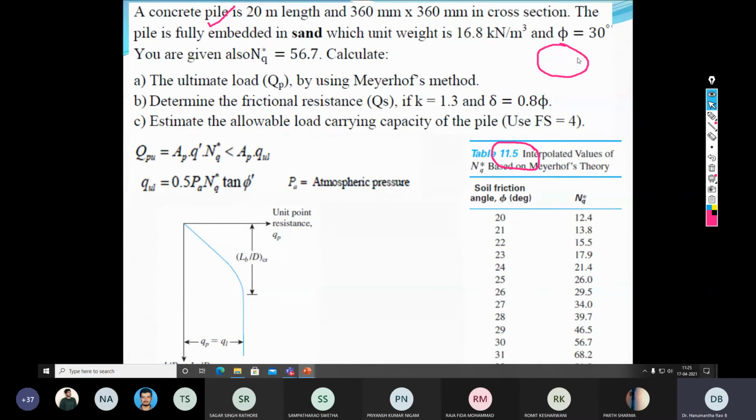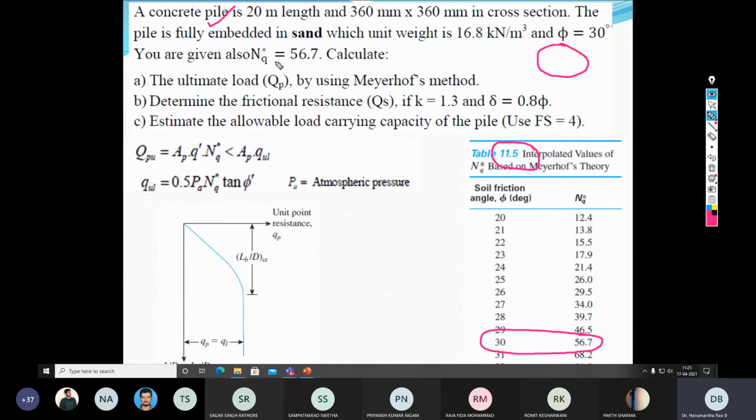Here the phi given is 30 degrees, so corresponding to 30, the value of NQ star is 56.7. The rest of the parameters are given in the sum, or you can pick them from this table. In the exam either this table will be given or the value of NQ star will be given directly.